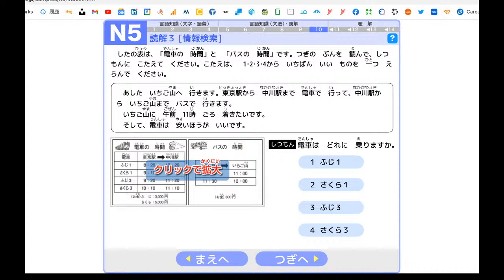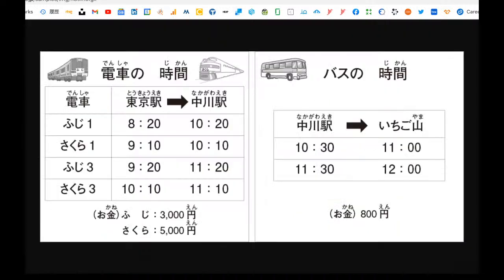And then from Nakagawa Station to Ichigoyama, you will take a bus. いちご山に午前11時頃着きたいです。You want to get to Ichigoyama around 11 o'clock. そして電車は安い方がいいです。And it's better to have cheaper train. Okay? So remember, you want to get to Ichigoyama around 11.